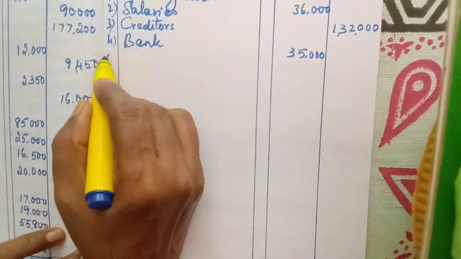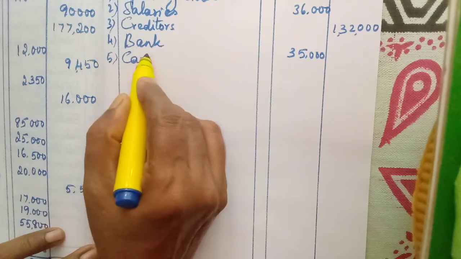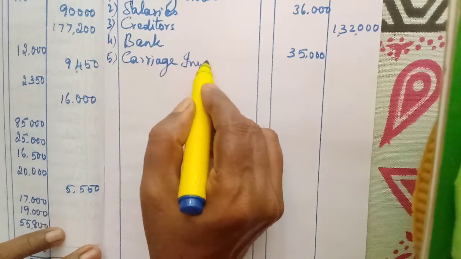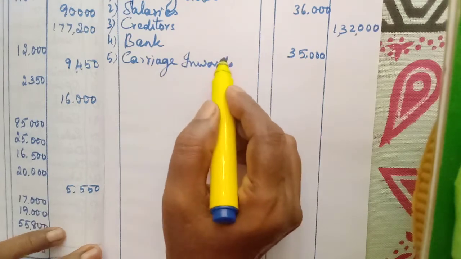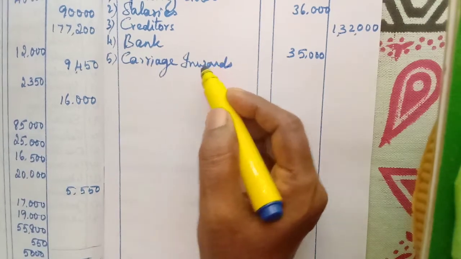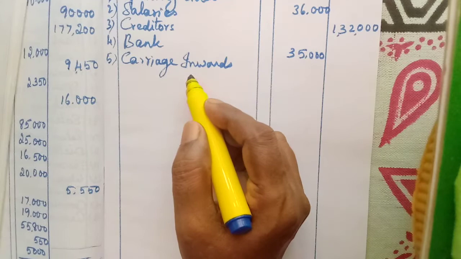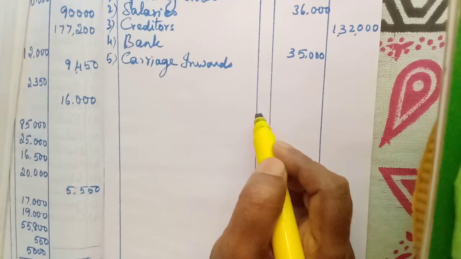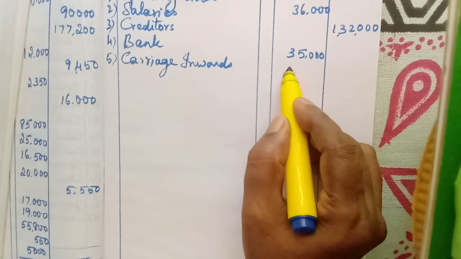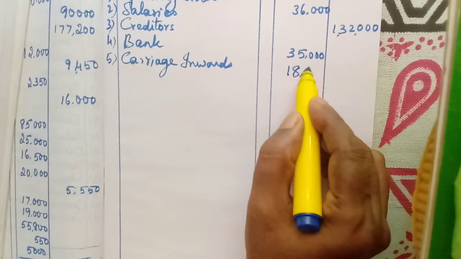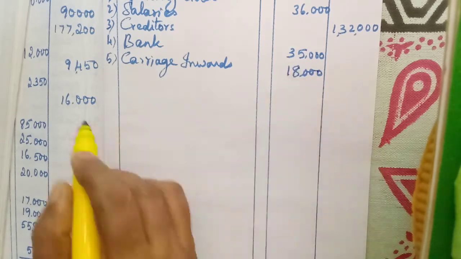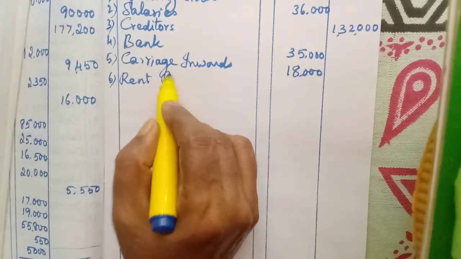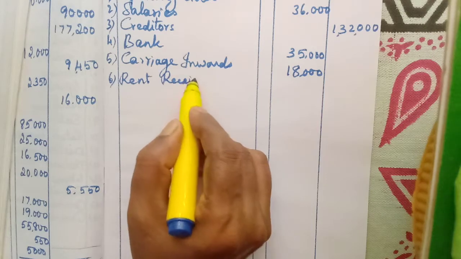Carriage inwards, 18,000. Rent received. Rent received is an income.